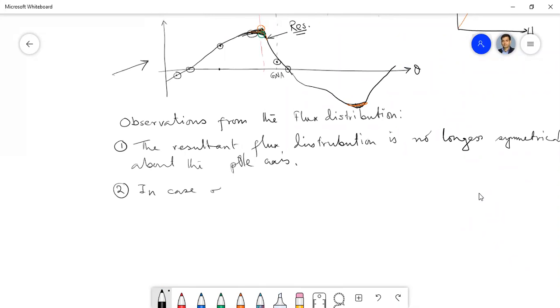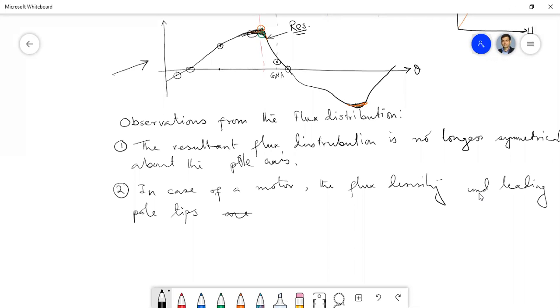In case of a motor, the flux voltage is increased at the leading pole tip and it is decreased at the trailing pole tip voltage.